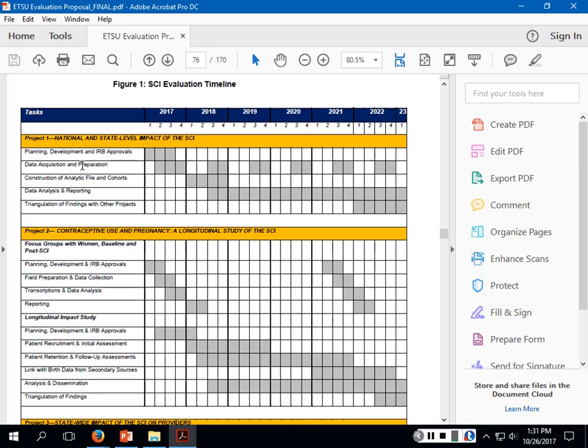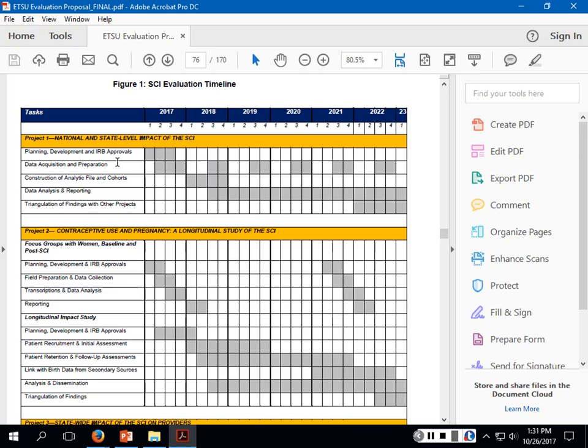So each row displays a different activity or task, and each column again displays 1 quarter of the year. And the shading in those cells indicates the time frame for each activity.